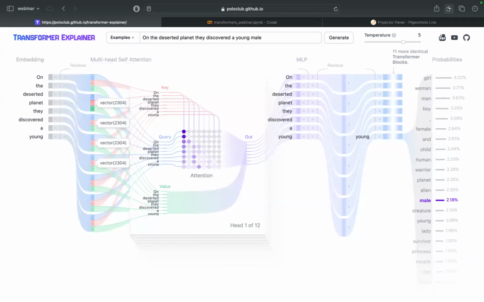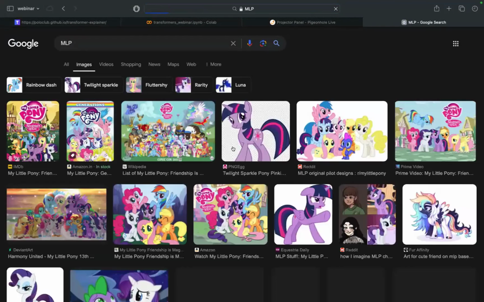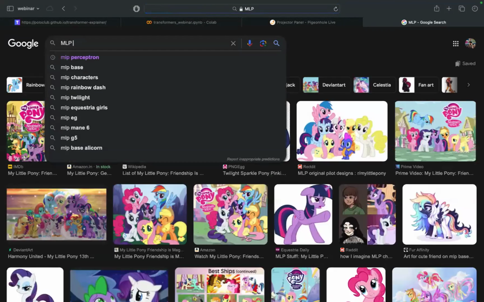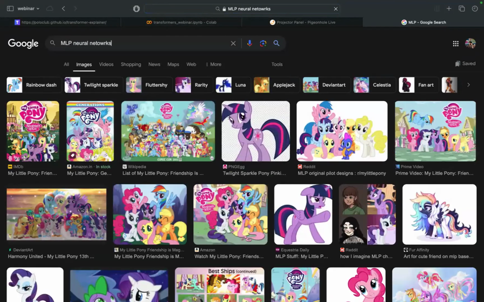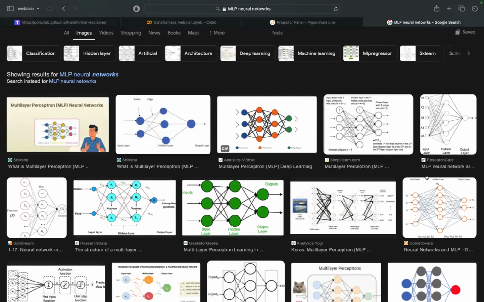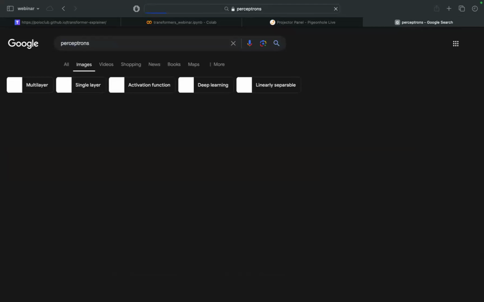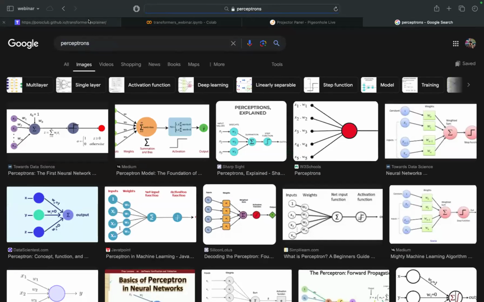An MLP is a simple neural network which just has hidden layers in between, and it has all of these neurons, which are also called perceptrons. So you just add up. And this is a simple feed-forward network which you have here.